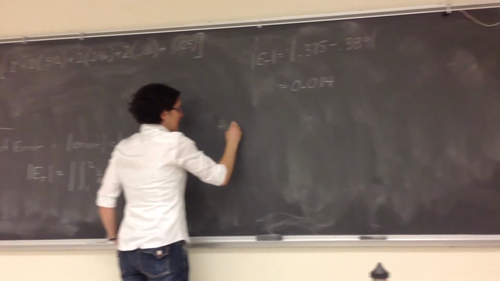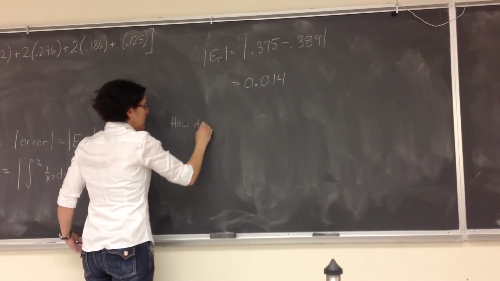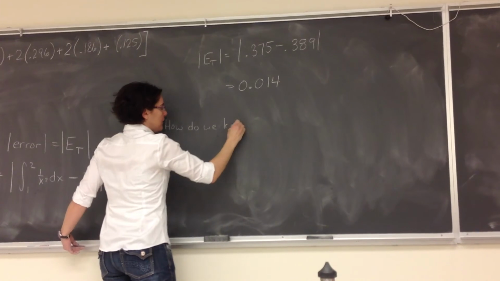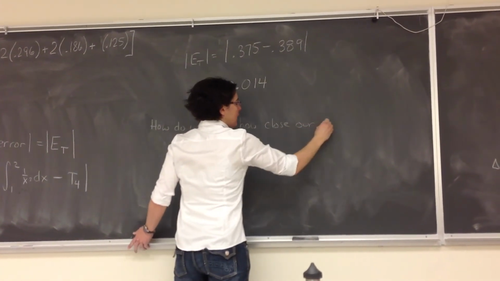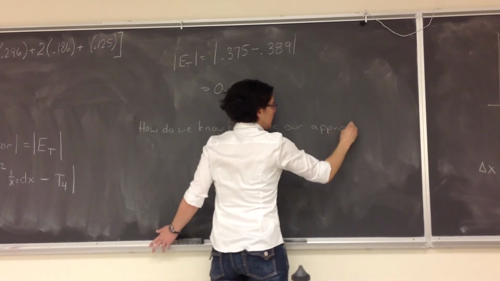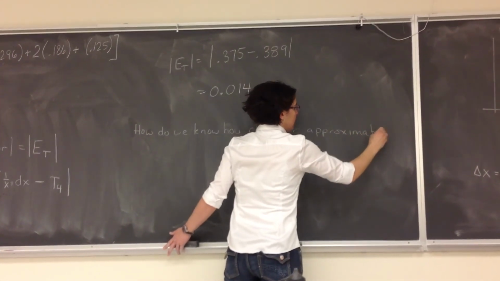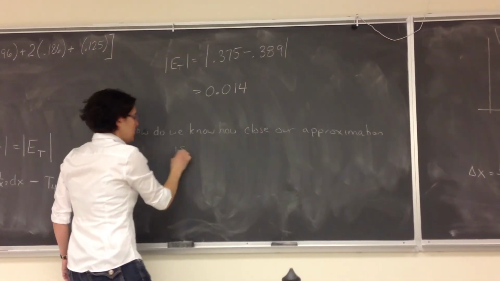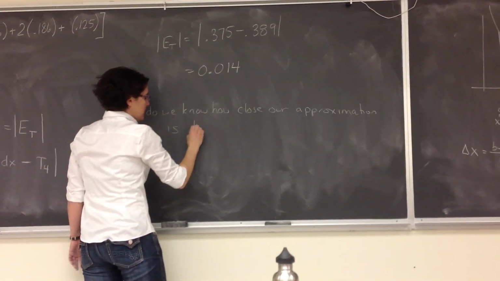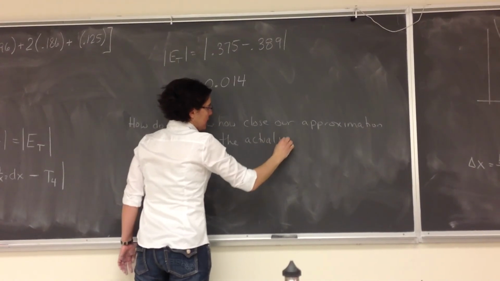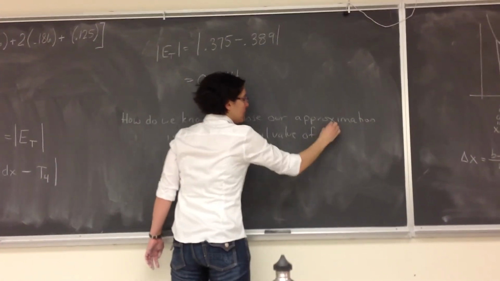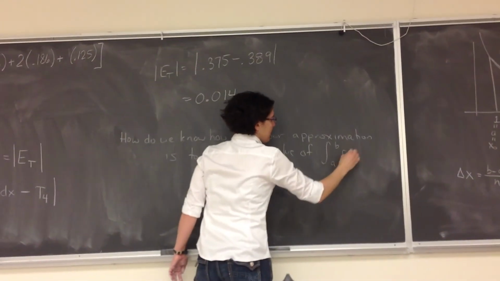Number one is, how do we know how close our approximation is to the actual value of the integral from a to b of f of x dx?